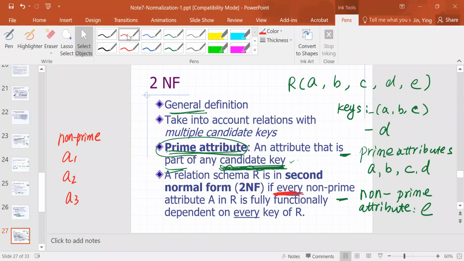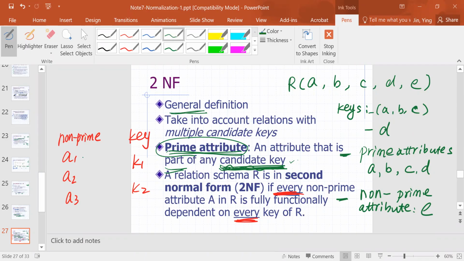So now there's another array, and that's key. For key, say for example, I have K1 and K2. This means every non-prime must be fully functionally dependent on every key.